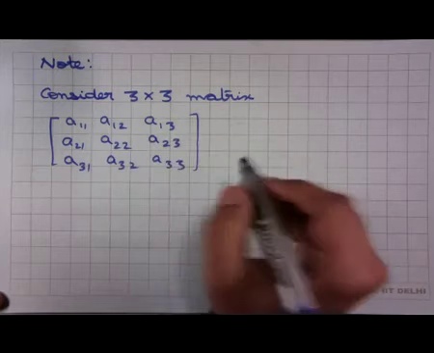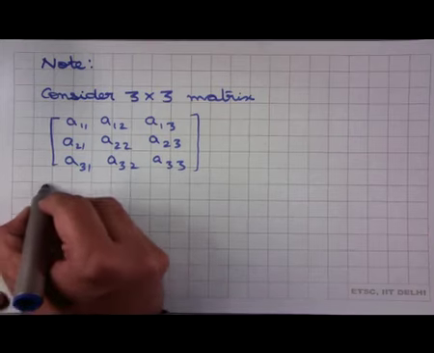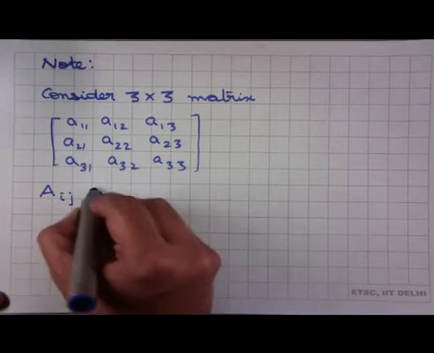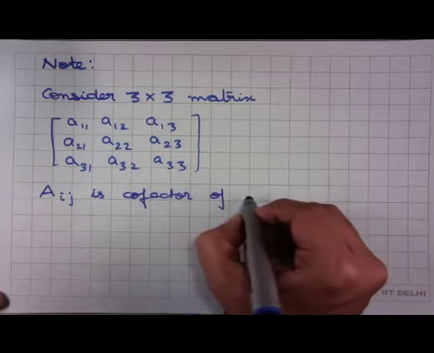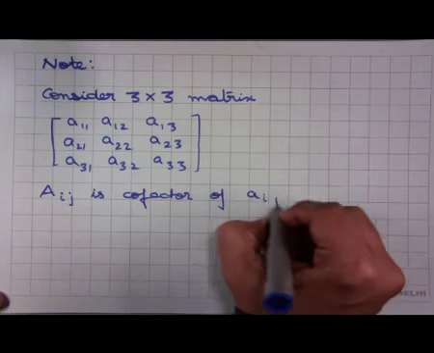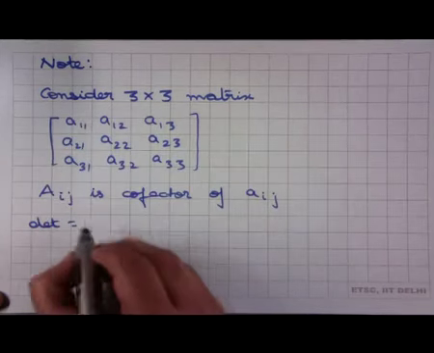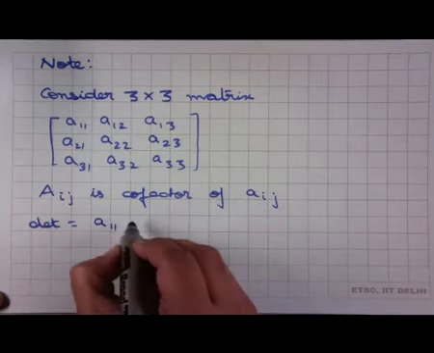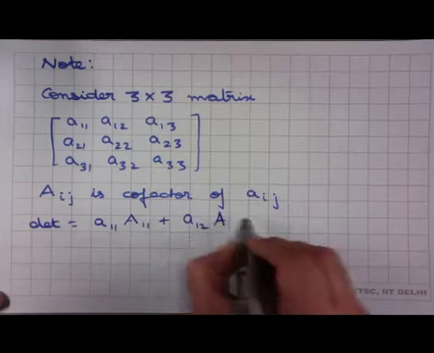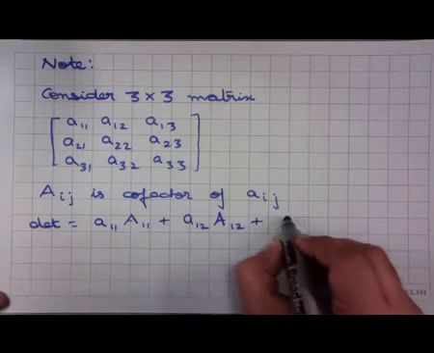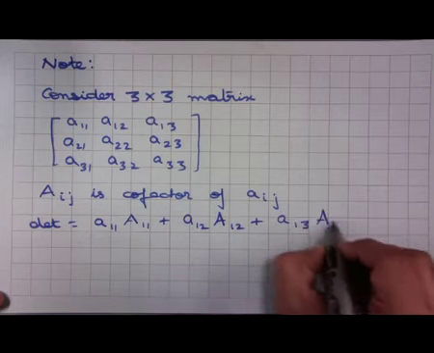So, these small a's determine the entries of the matrix, and let us say that capital A ij is the cofactor of the entry a ij. Then if you expand along the first row, the determinant is going to be a11 times A11 plus a12 times A12 plus a13 times A13, right.